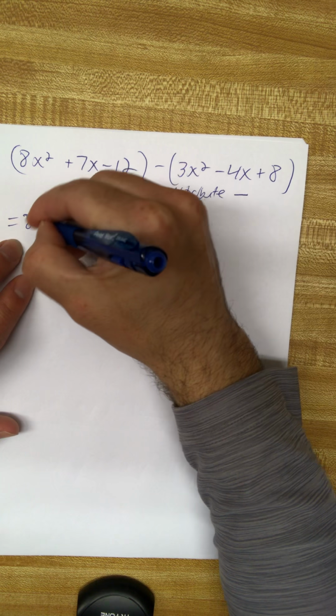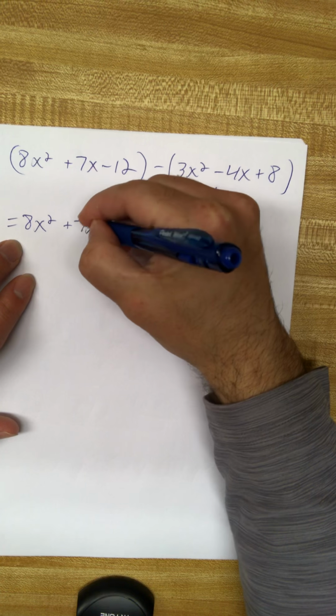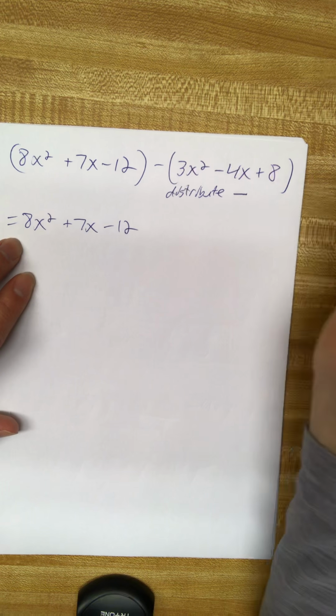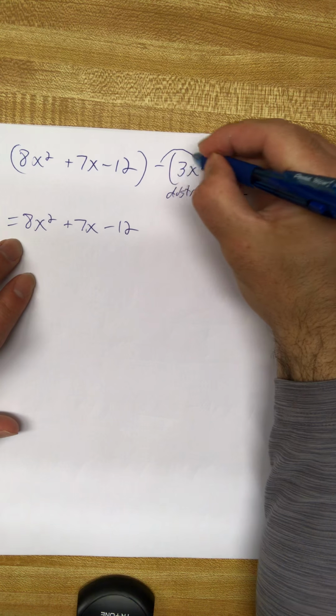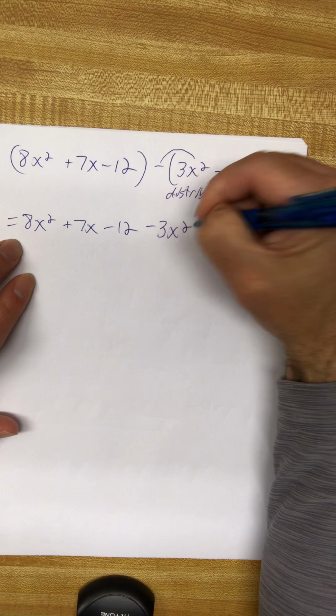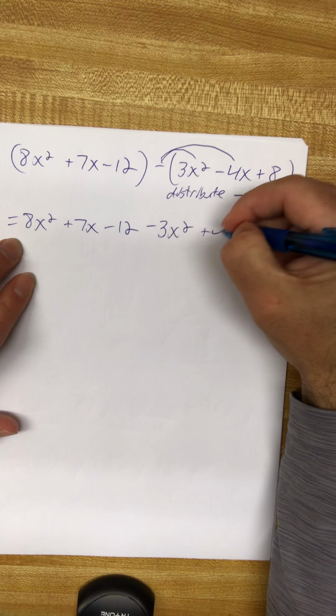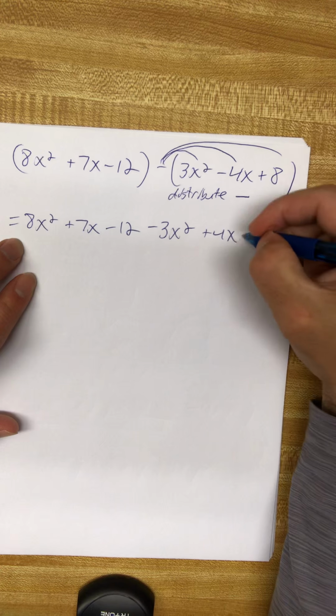You don't need the parentheses here, but my new expression is going to be 8x squared plus 7x minus 12. That doesn't change. But then this is going to become a minus 3x squared, a plus 4x, and then a minus 8.